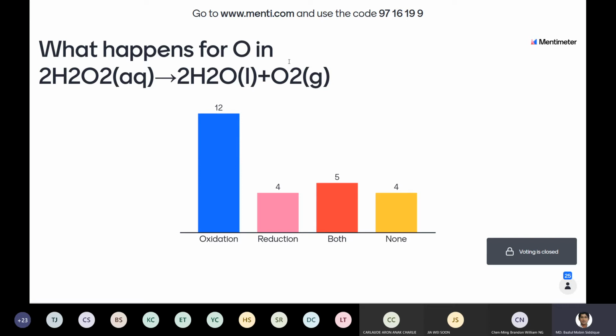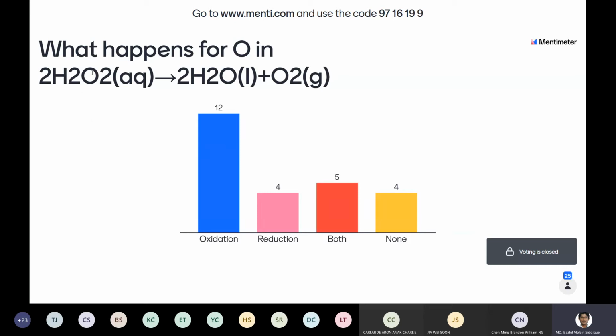So it has 0 charge, but in H2O, the oxygen has -2 charge, because there are 2 hydrogens, each with +1 charge. So +2 for 2 hydrogens and -2 for 1 oxygen. The +2 and -2 cancel out, and the whole compound does not have any charge. So oxygen gas also is not carrying any charge, so it is 0.